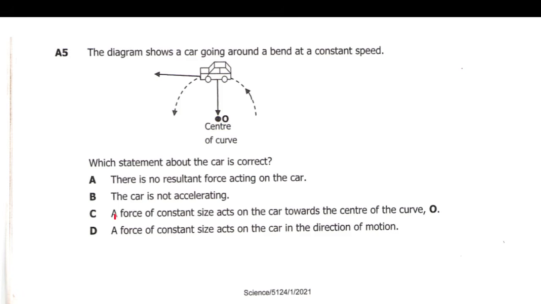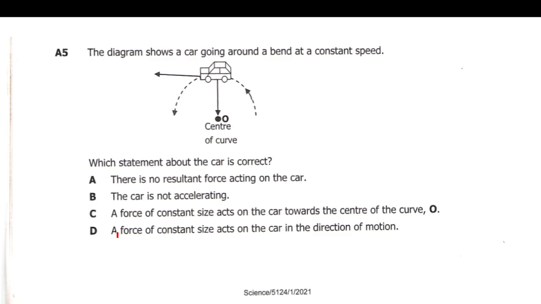B, where they say the car is not accelerating, is not true, because acceleration is the change of an object's velocity. Since velocity deals with direction and the car's direction is changing, the car is accelerating. So this is not true.